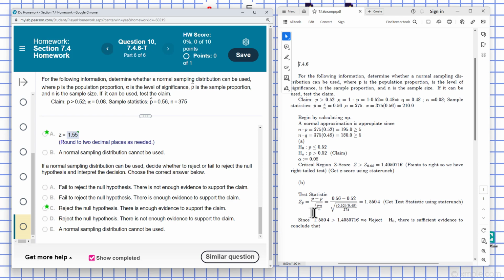In this case, our z-score is our Z for P hat. Our test statistic is greater than the critical value, so it's inside the rejection region, and we end up rejecting the null hypothesis.